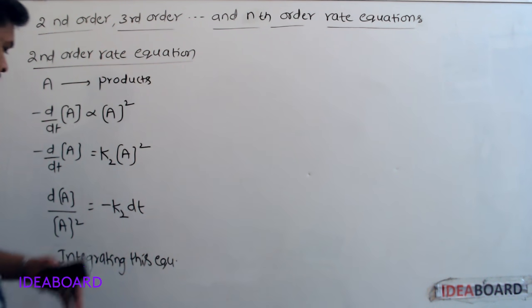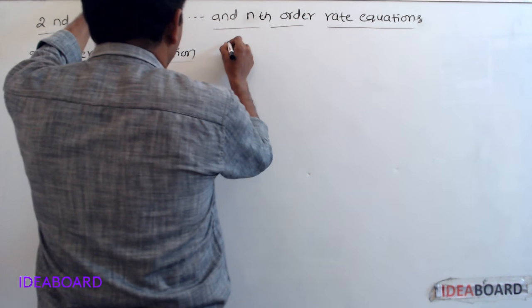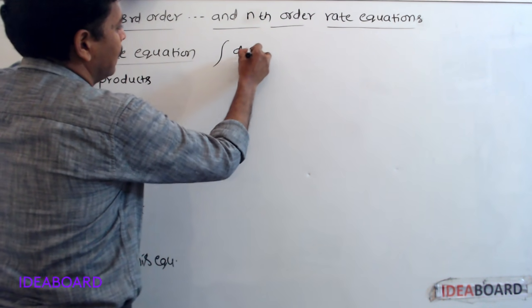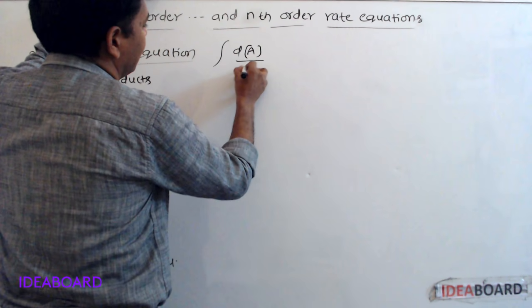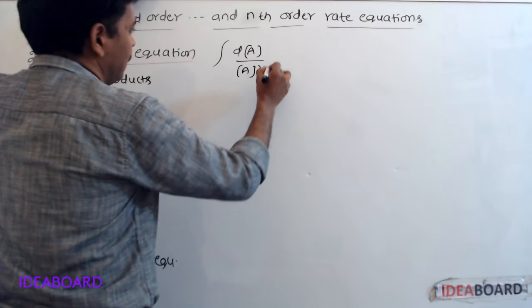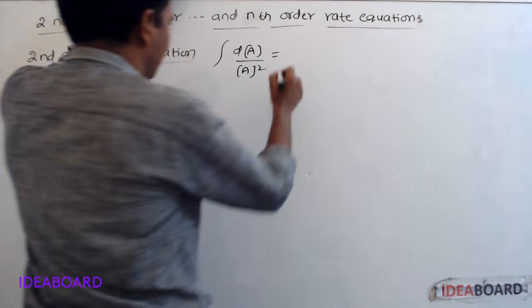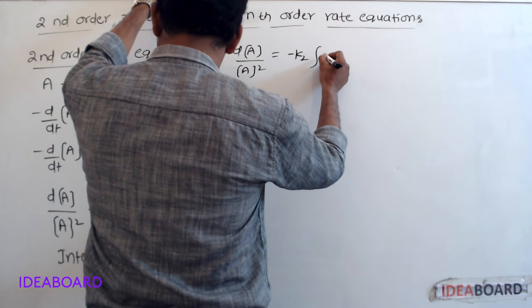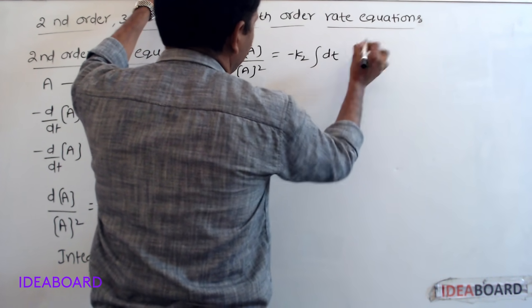By integrating this equation, the integration of d[A] by [A] square is equal to, here K2 is constant, minus K2 times the integration of dt.